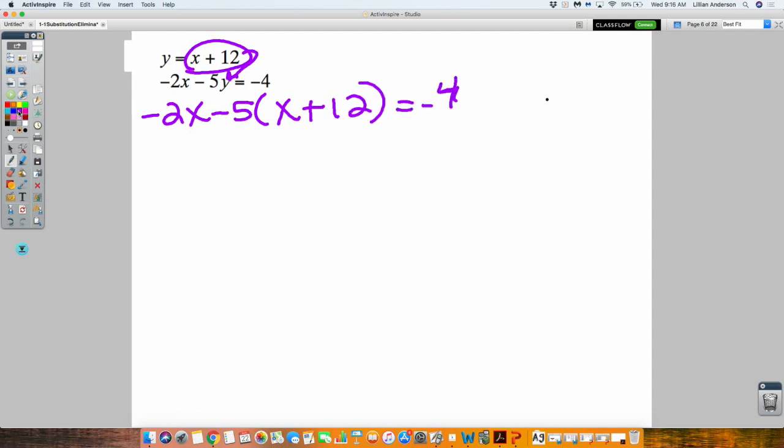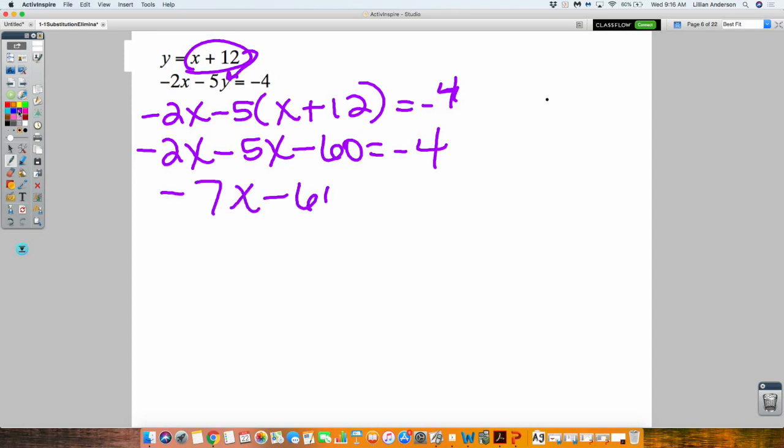And when you distribute it, did you get that? Okay. When we combine like terms, negative 2x and negative 5x. Negative 7x. Good stuff. After this, it's just a two-step equation.